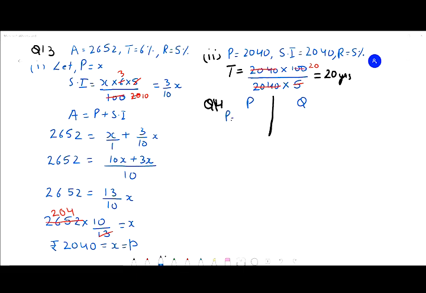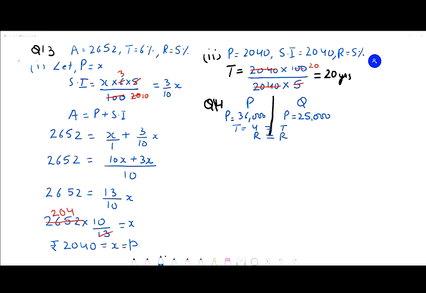For him, the principal is 36,000, whereas for the Q, the principal is 25,000. Other all things are same. Time is 4 years and the rate is also same, they are saying.